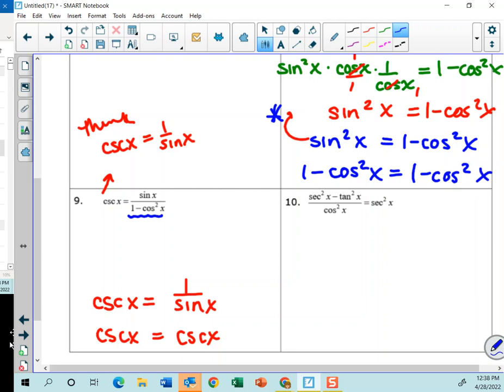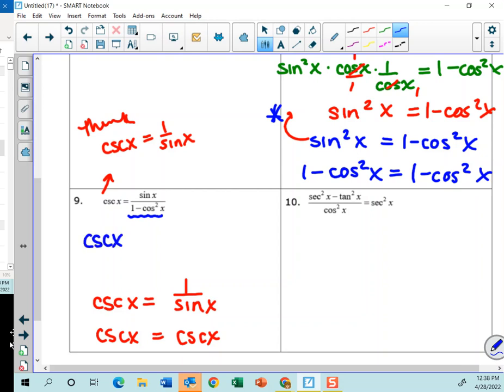With a fraction, it's always easier if I can rewrite that fraction as something simpler. A simpler fraction would not have any additions or subtractions or multiplications or divisions inside the fraction. It would just have a single numerator term and a single denominator term.